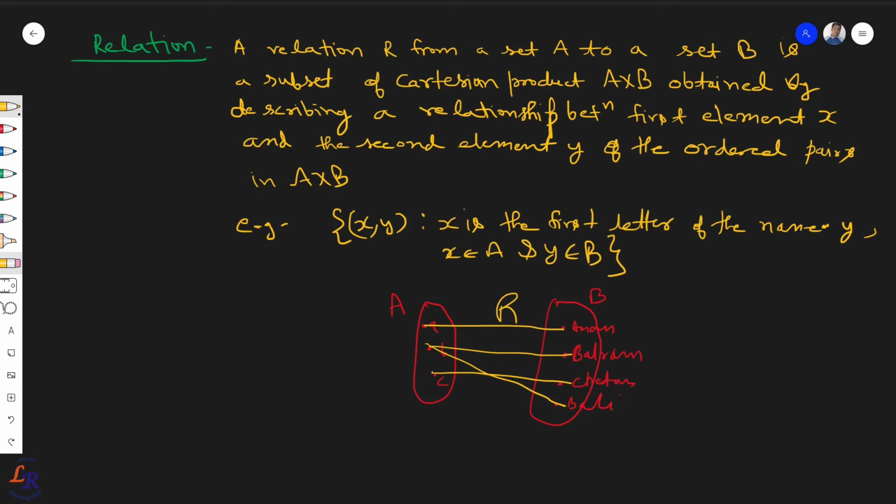This is how you define a relation R from a set A to a set B, where it is a subset of the Cartesian product A cross B obtained by describing the relationship between the first element x and the second element y of the ordered pair in A cross B.